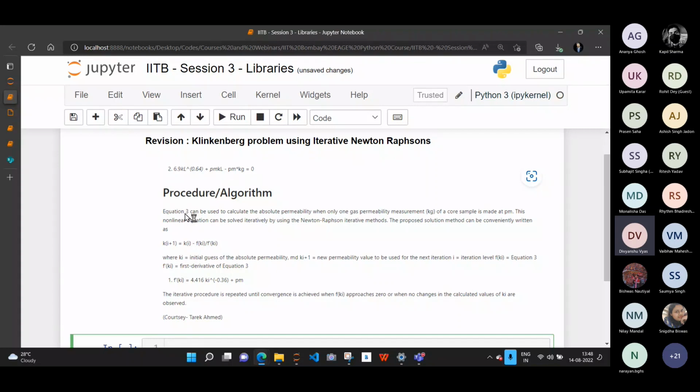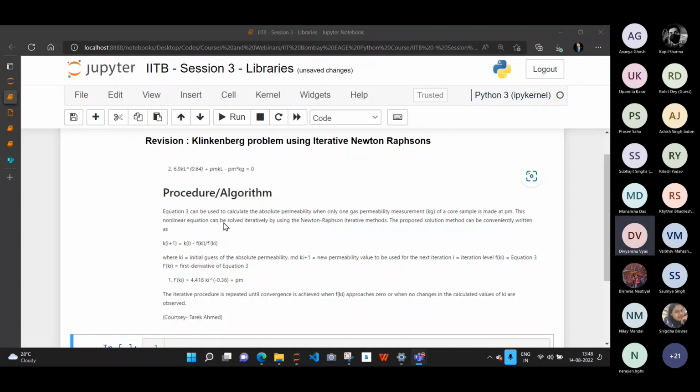Okay, so you can see equation 3, which is this one, I've copied it from my GitHub repository. This equation can be used to calculate the absolute permeability of liquid when only gas permeability measurement of a core sample is made. And that measurement is made at pm, which is the average pressure.